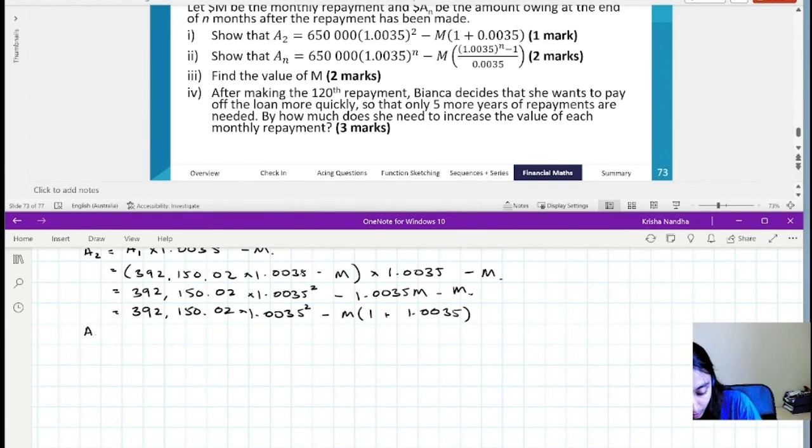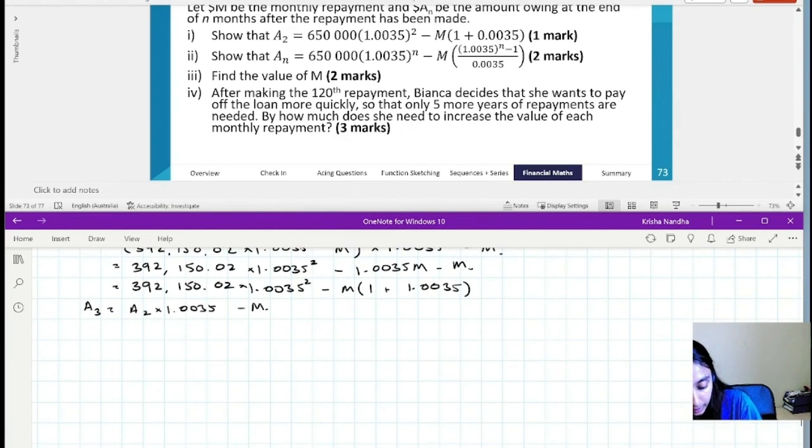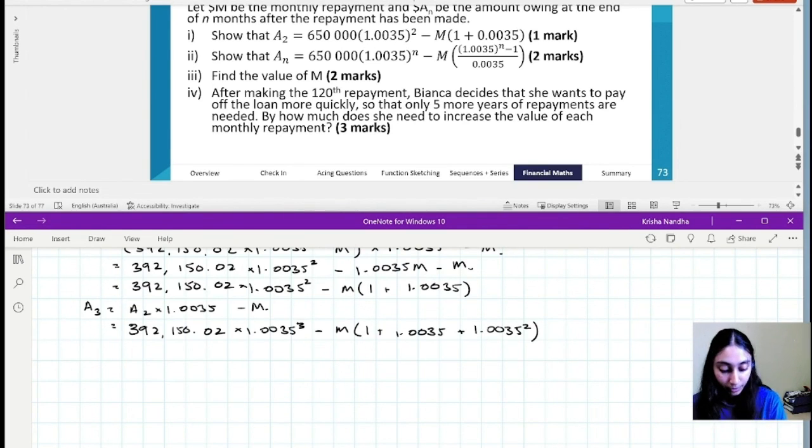Okay, A3 will be equal to A2 times 1.0035 minus M. So that's going to follow that same pattern: 392,150.02 times 1.0035 cubed minus M times (1 plus 1.0035 plus 1.0035 squared). Now I'm going to extrapolate what my An is going to look like.